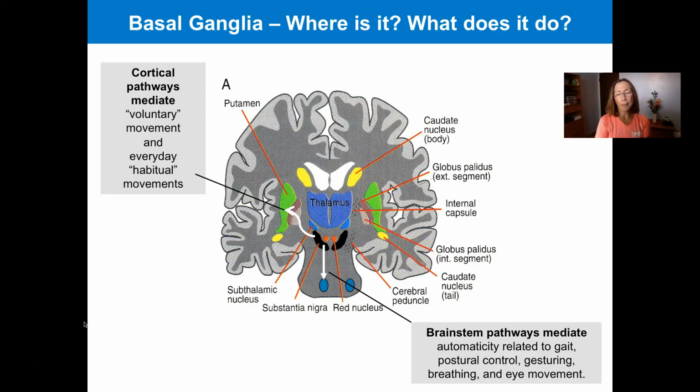There's also a white arrow going down lower into the brainstem where the dopamine is also important because it's related to the automaticity of walking, how to integrate your balance and your trunk movements with your other arm and leg movements, gesturing, breathing, eye movements, all those little things that happen spontaneously when we communicate, when I'm moving, are no longer as spontaneous in Parkinson's disease because there's a problem regulating the forces and the signals and the timing of the signals to the muscles.